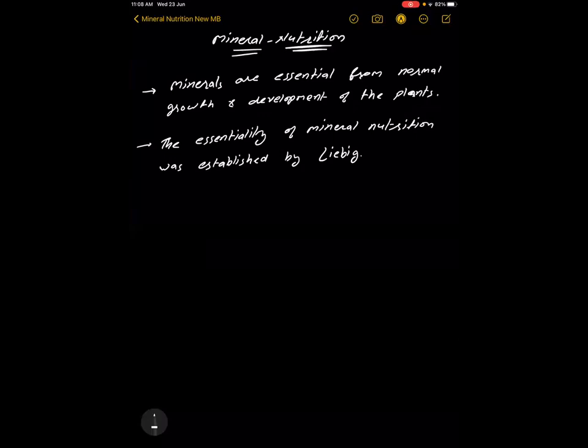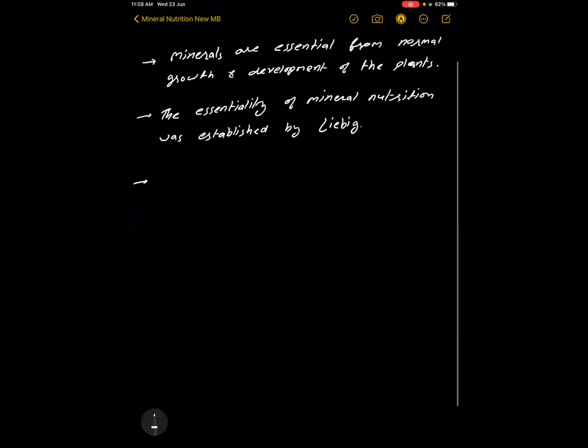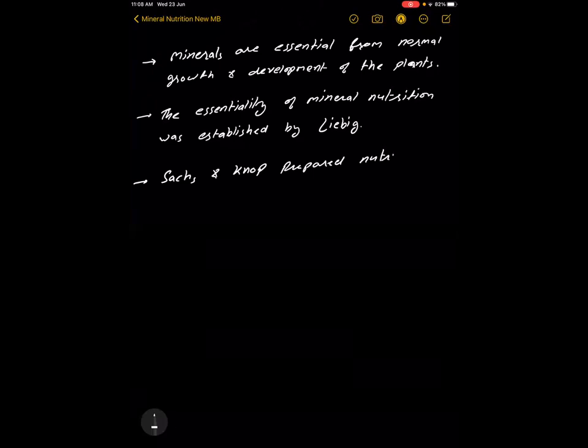So the nutrient solution was prepared by Sachs and Knop.